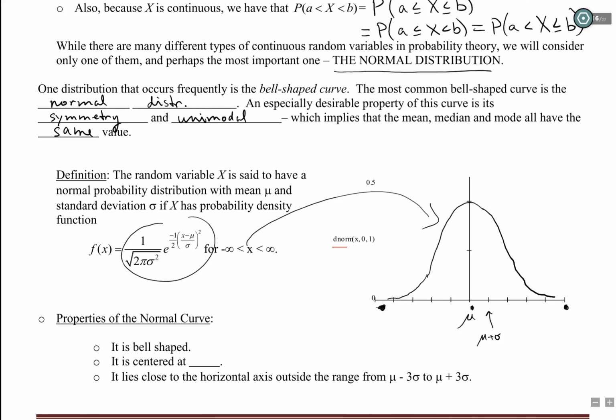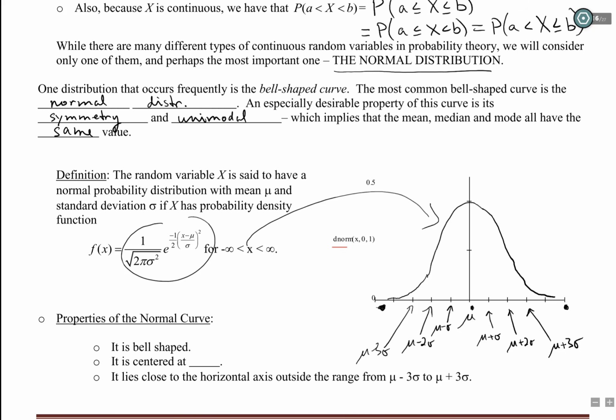If I go to the right, mu plus sigma, mu plus 2 sigma, mu plus 3 sigma. I can do a similar thing going to the left: mu minus sigma, mu minus 2 sigma, and mu minus 3 sigma.